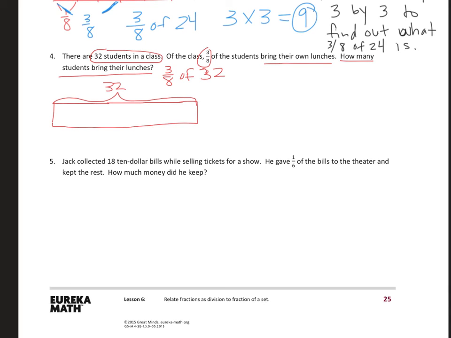Let's do 7 lines, so we have 8 equal pieces. 1, 2, 3, 4, 5, 6, 7. Now we need to figure out what these 3 boxes are. This is the 3/8 who bring lunch.